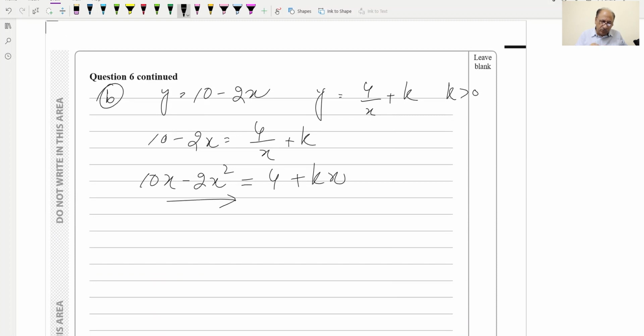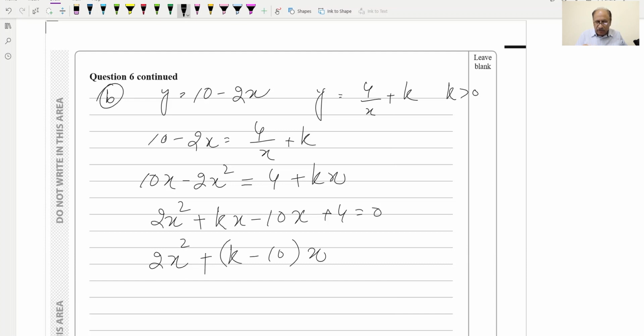We shift everything to the other side, so it will be 2x squared plus kx minus 10x plus 4 is equal to 0. From these two terms we can take x common, so our quadratic equation will become 2x squared plus (k minus 10)x plus 4 is equal to 0.